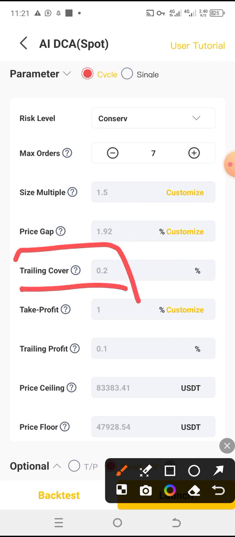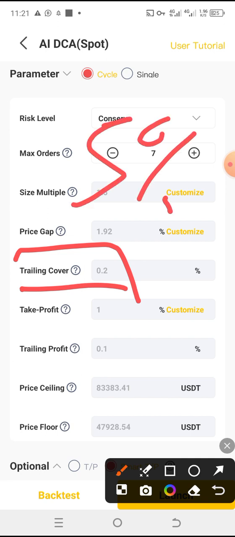Trailing cover. Now, this simply means that when you are to buy a coin, probably when a coin goes down 5%, you said buy $20. So when it gets to 5%, it does not buy instantly. It waits for the coin to go down more, so as to buy deeper.